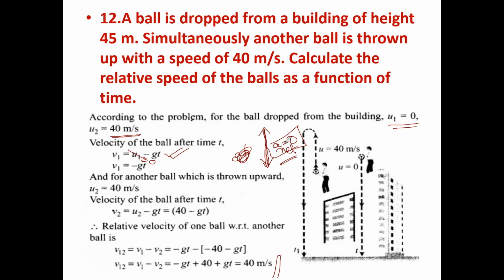How is this helpful to me? Now you see, this ball is moving 40 meters per second upwards. This ball is just dropped with the initial velocity u equal to 0. Net acceleration is 0. So this is moving with constant velocity 40 and this is moving with velocity 0.